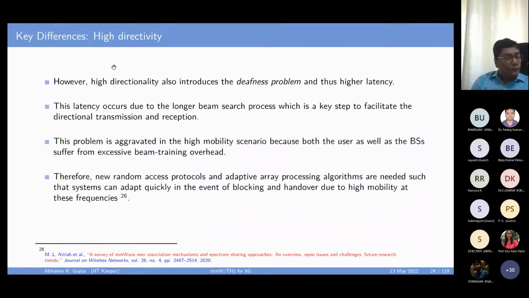But the problem is that there are some issues with using very high directional antennas. First is the deafness problem, which means that sometimes a base station can be right here, but you are not able to look at it because your antenna is not pointed toward it. This also creates a problem in cell selection. When you are starting the communication, the user has to find the base station, and the base station also has to discover the user.